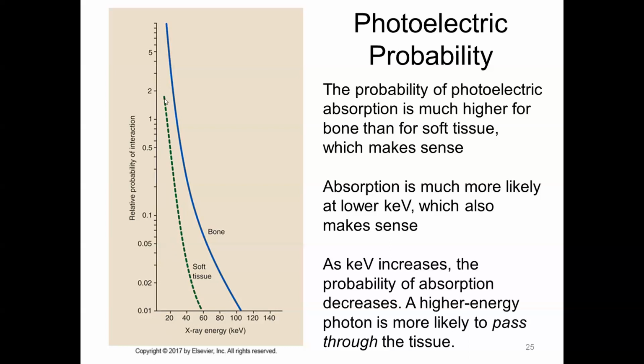It's up here. And that makes sense. At low kVp, at low energy levels, you're more likely going to have absorption. We see that all the time in a regular X-ray. If you're doing a hand, use lower kVp than you do for most of the rest of the body. And we get more absorption in the bone and the soft tissue.